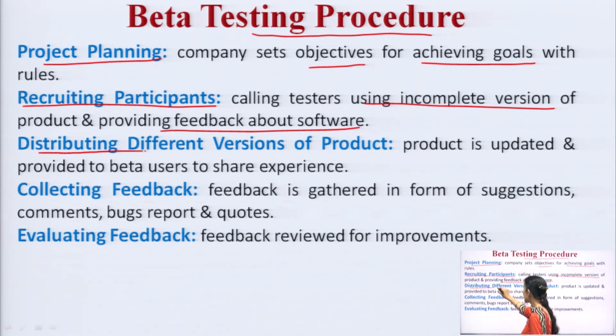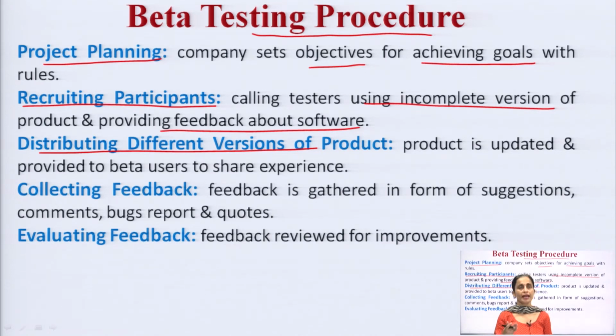The third phase is distributing the different versions of the product. As we know, Windows 10 or any kind of operating system, Windows 8, there come so many versions of Windows. Why is that so? Because first their version is released, that is handed over to the users. After it is handed over to the users, Microsoft receives the different feedback, and then it is incorporated in the next versions.